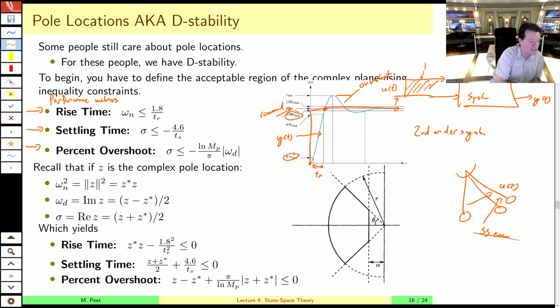So that's how long it takes to get from here to here. That's rise time: how quickly it responds. And that can be important. If you want your car to accelerate quickly from 0 to 60, that's rise time.